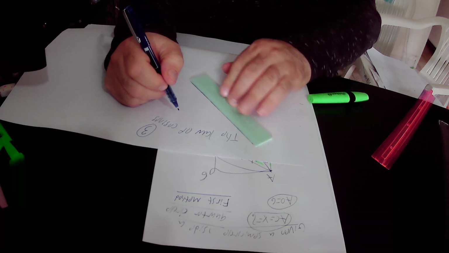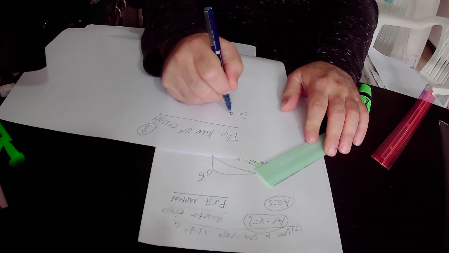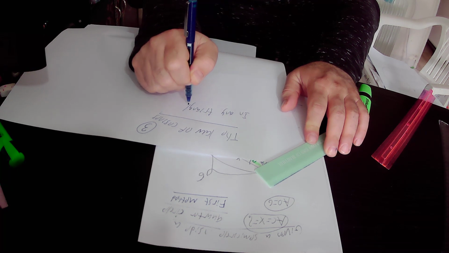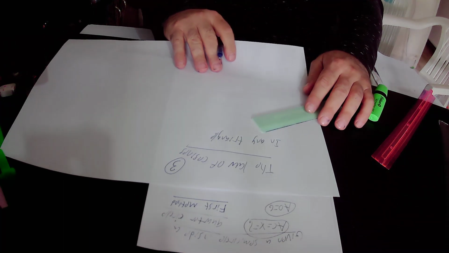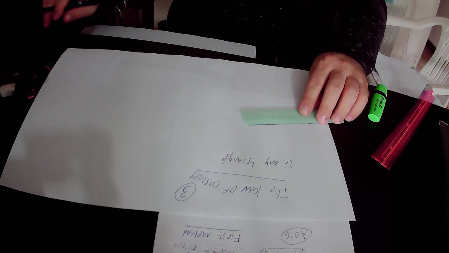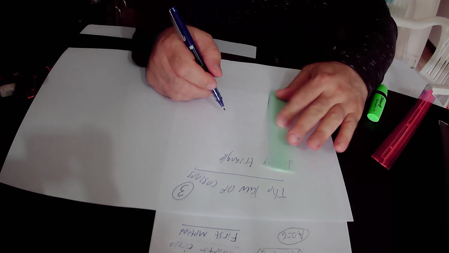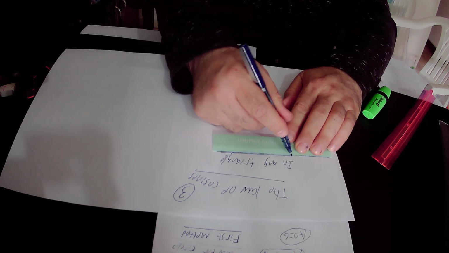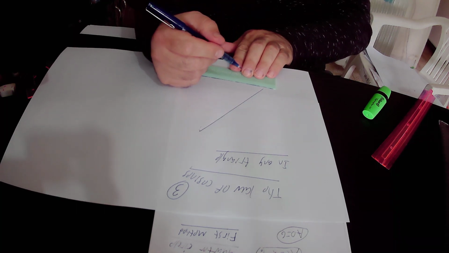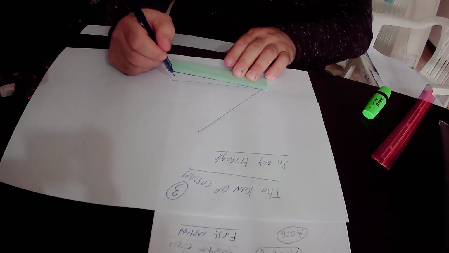So you can write down that in any triangle, if we have triangle ABC, that could be any triangle, this is triangle ABC.